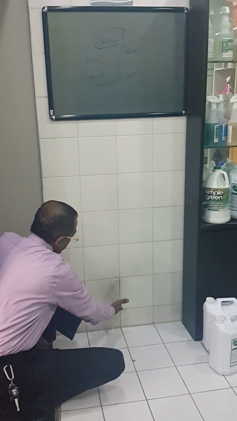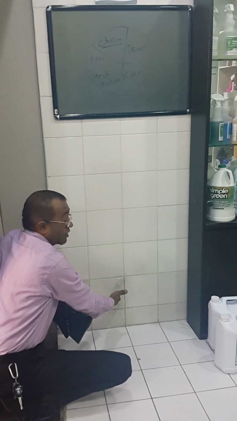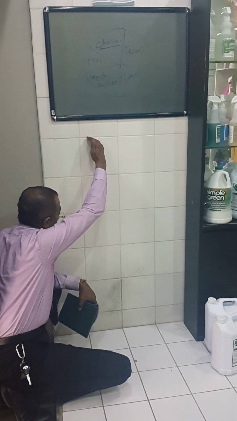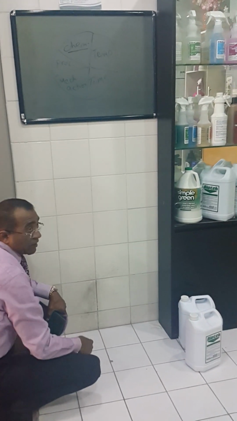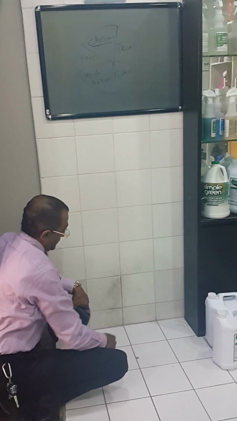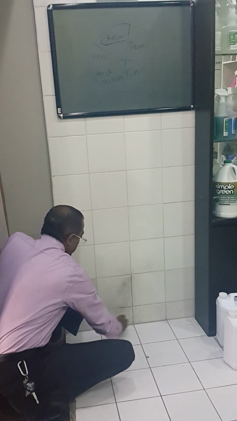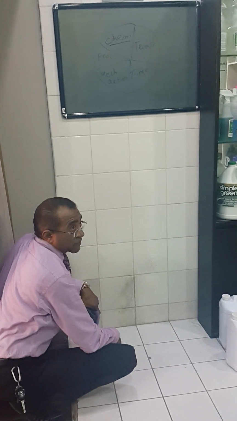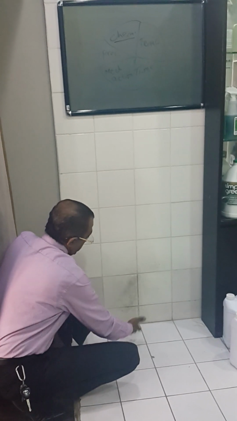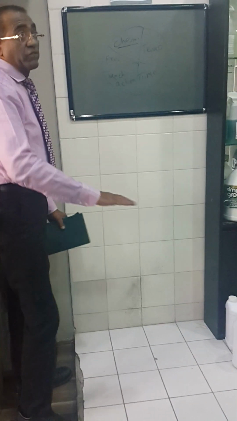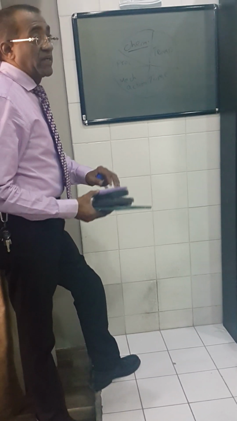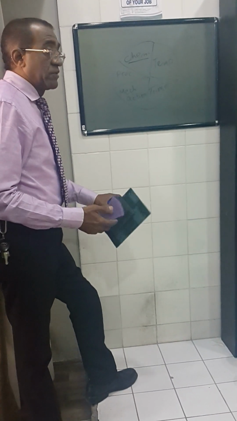If I start from the bottom, it will not reach, so I will start from here and go down. And here I need to put some protection so as not to touch the floor. The floor maybe could be damaged, but this is not damaging because it is tiles. Some floors are parquet or vinyl, and those could be damaged.